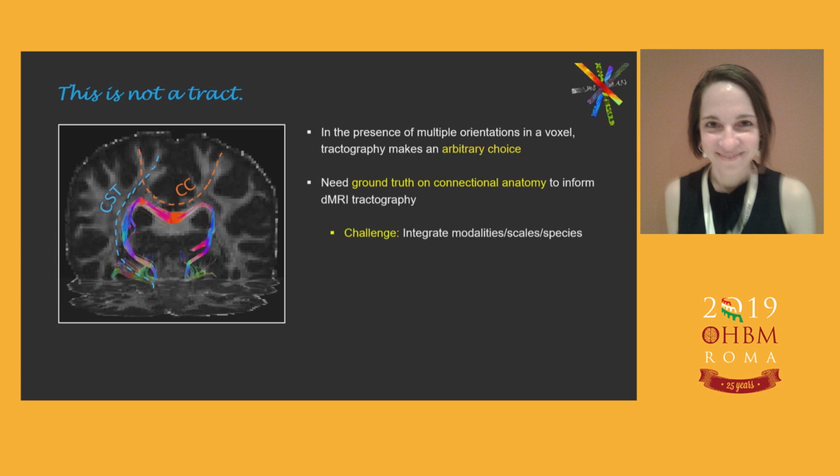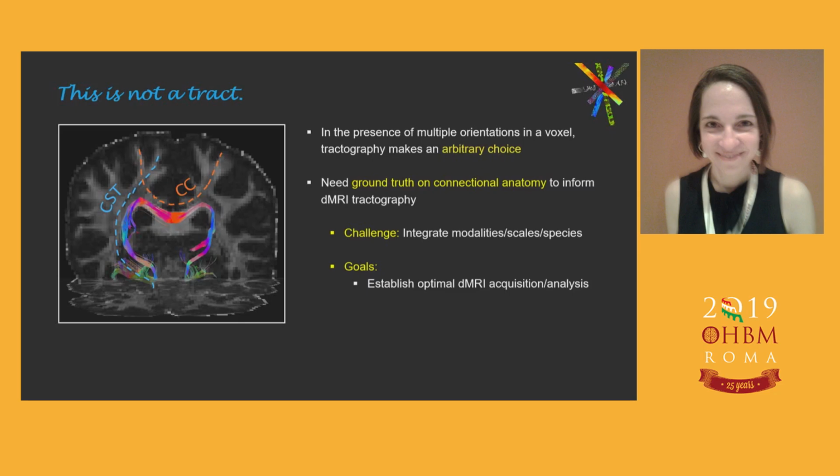The challenge with this is that this ground truth typically comes from modalities that are collected at very different spatial scales than in vivo human diffusion MRI, may even be collected in different species, so it's difficult to integrate it into human diffusion MRI tractography.